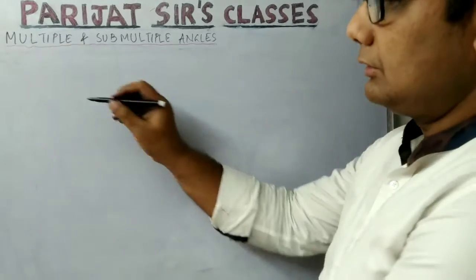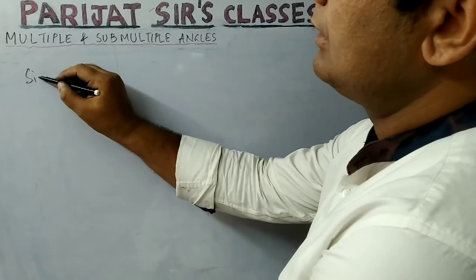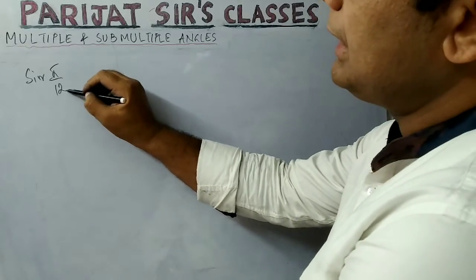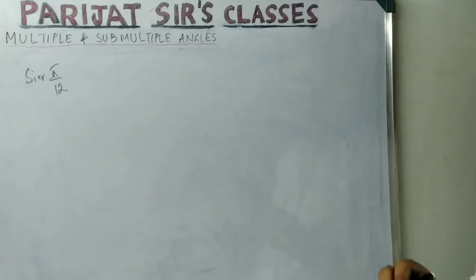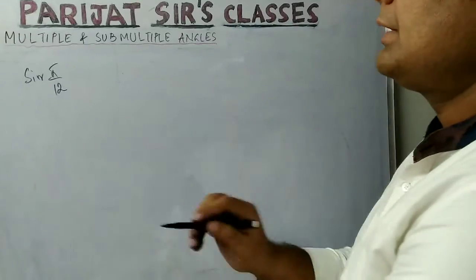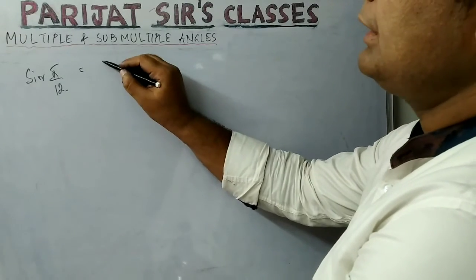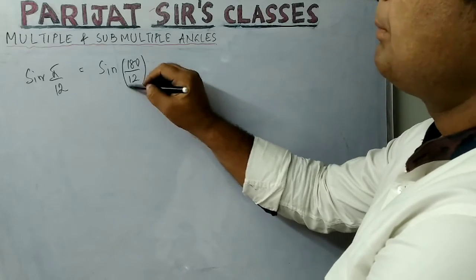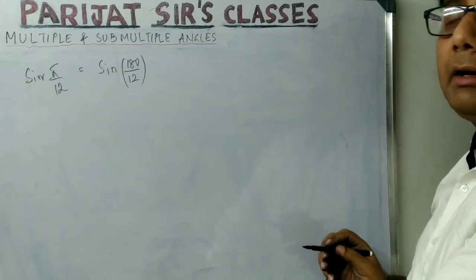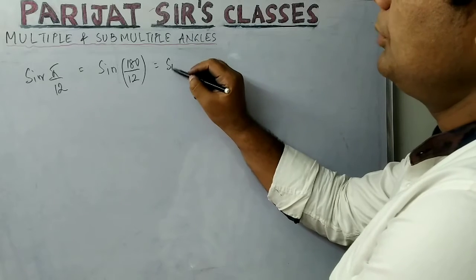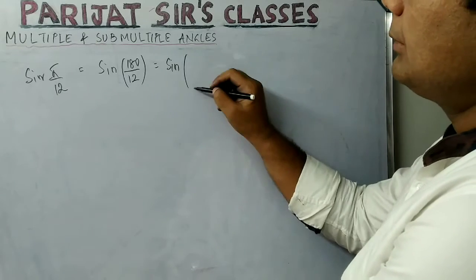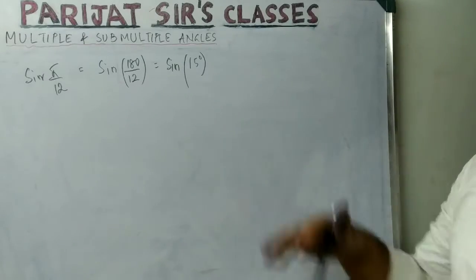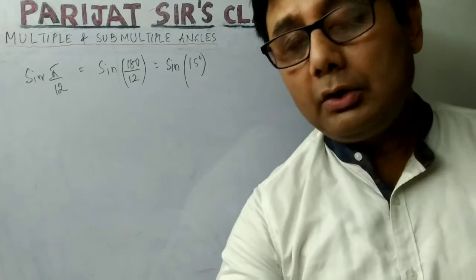One more application: suppose I want to calculate sine pi by 12. Now what is sine pi by 12? We know pi is 180 degree, in radian pi, and in degree 180. So 180 by 12 is 15 degree, and sine 15 degree we already know.